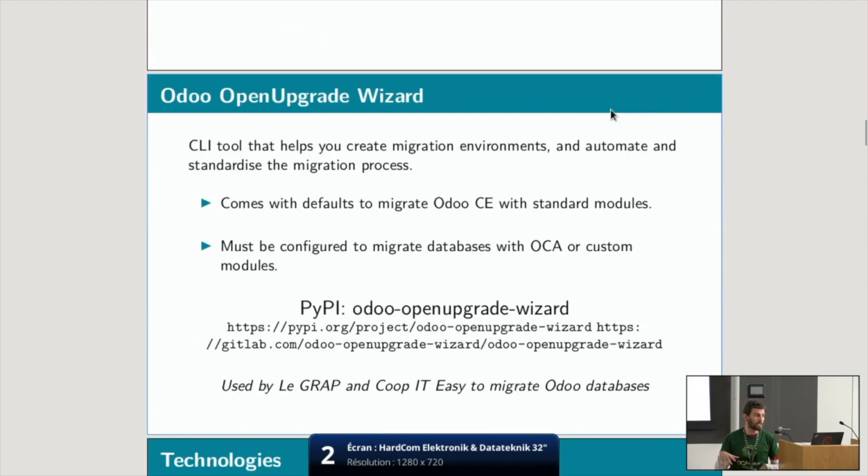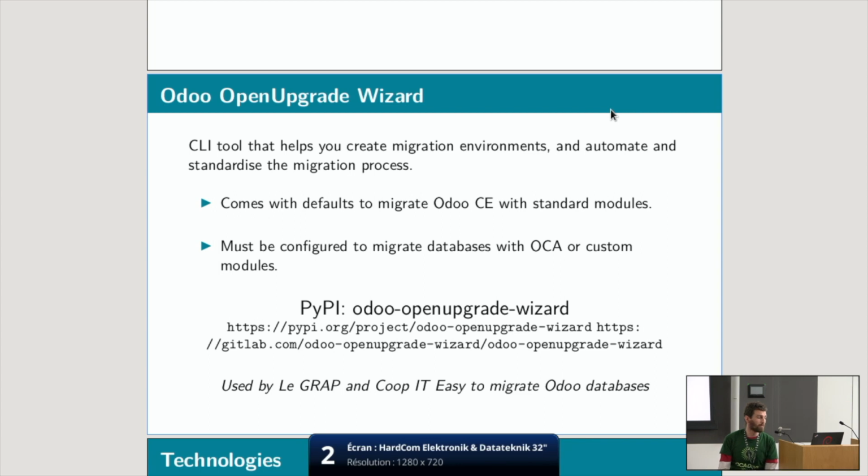So about OpenUpgrade-wizard, what is it? It's a CLI tool that helps you create a migration environment and automate and standardize your migration process. It comes with defaults to migrate Odoo Community Edition, the standard modules, I mean, and it can be configured, and in fact it must be configured if you want to port OCA modules or custom modules that you have developed.